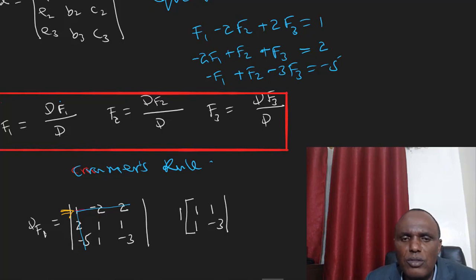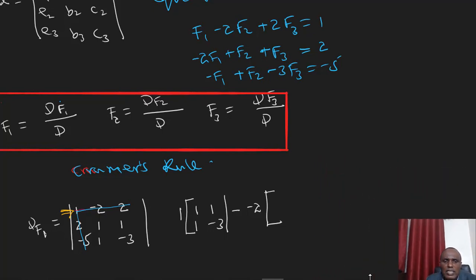So the element is 1 and the cofactor is the other one. Minus, we get the second element, which is negative 2. Negative 2, we multiply by, we remove the elements that are in the same row and the same column with negative 2, and the elements left are 2, 1, 1, negative 5, negative 3.